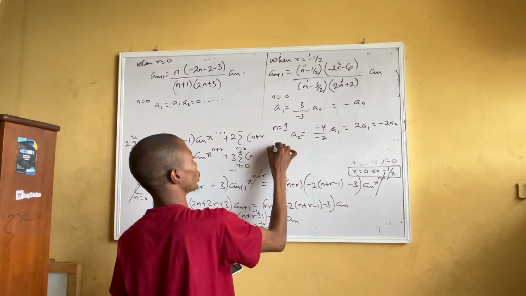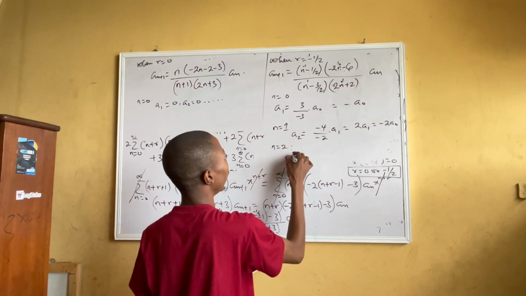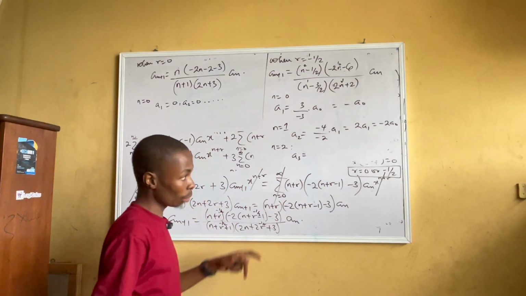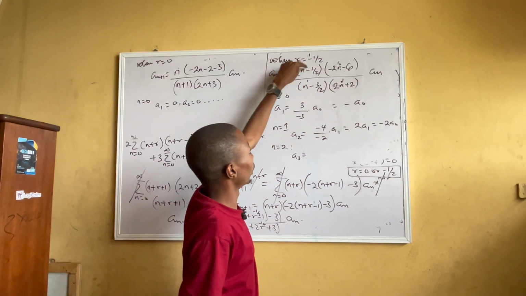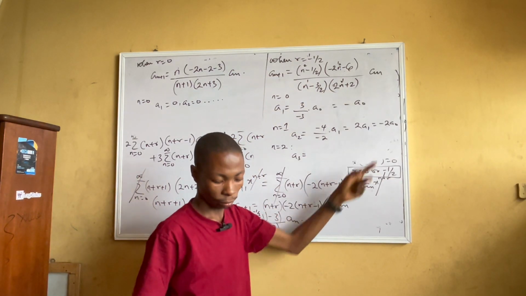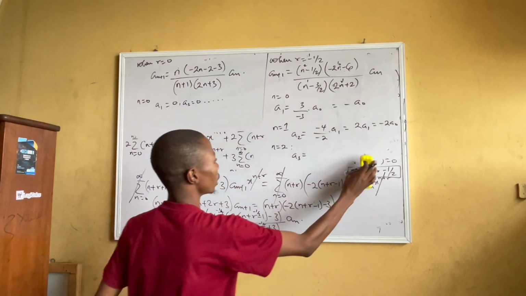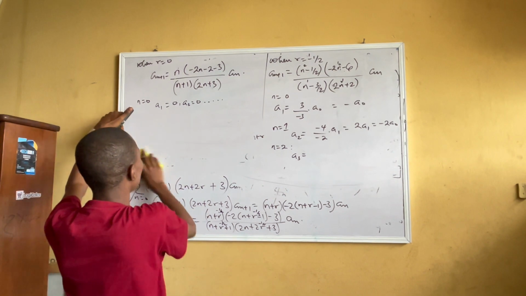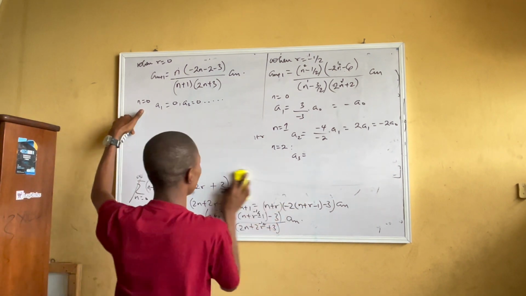If I do it for n equals 2 as well, it will be A3. If you put 2 here, well, I'll leave that one for you to complete, viewers. If you put 2 here, you have something times A1. So what will now be our solution? Don't forget, for this r equals 0 part, they are all 0.